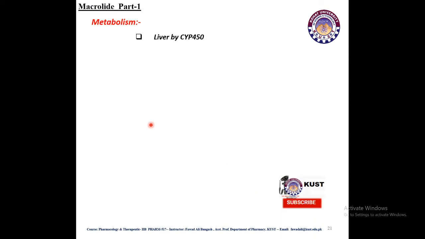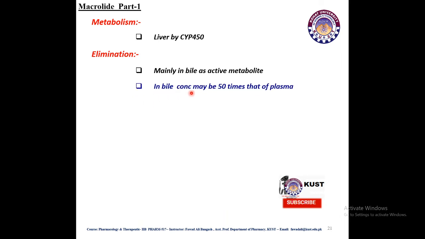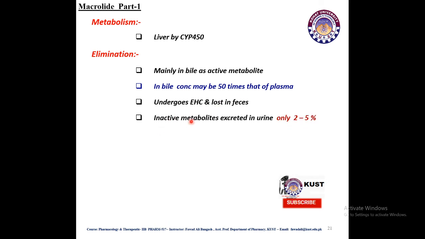Metabolism: it is mostly metabolized by the cytochrome P450 microsomal enzyme, specifically CYP3A4. Elimination is mainly in the bile as an active metabolite. In bile, concentration may be 50 times that of the plasma. It undergoes enterohepatic circulation and is lost in feces. Inactive metabolite is excreted in urine only 2 to 5%, a very small amount.